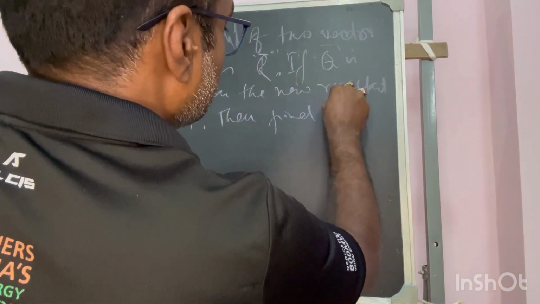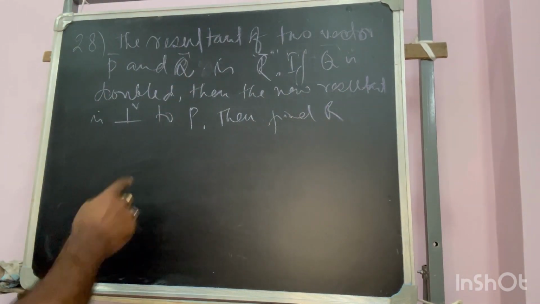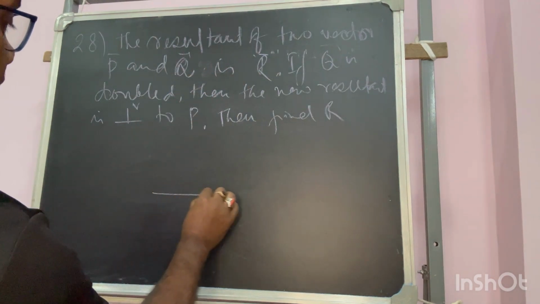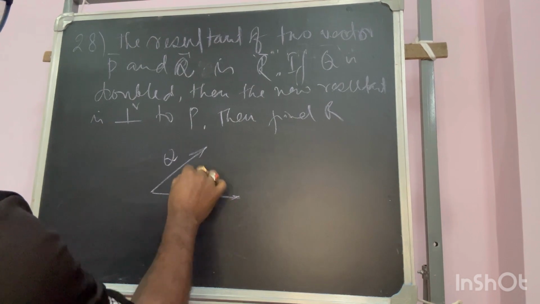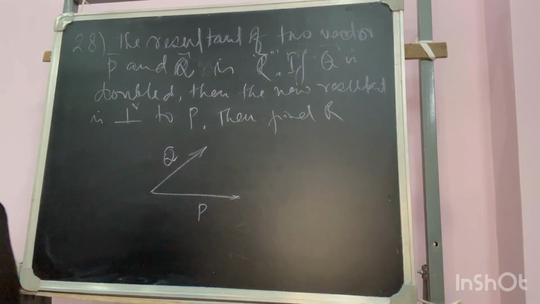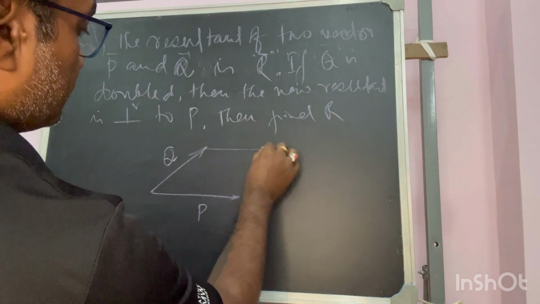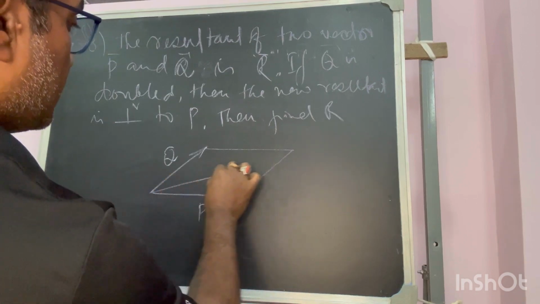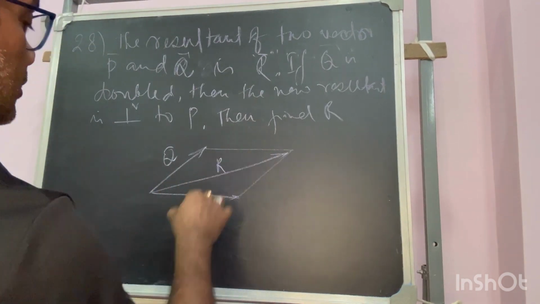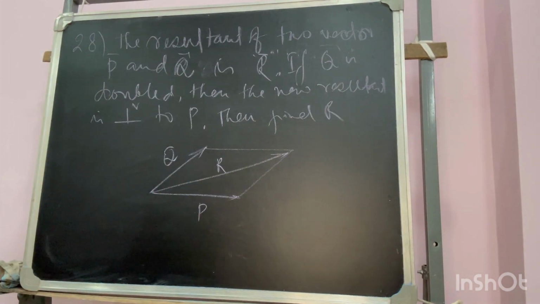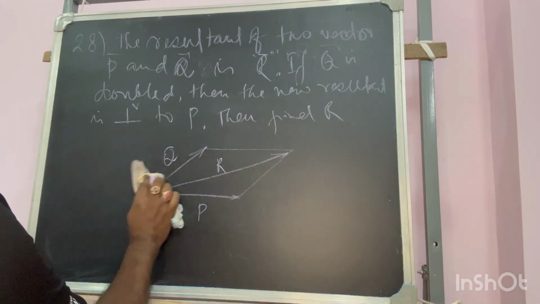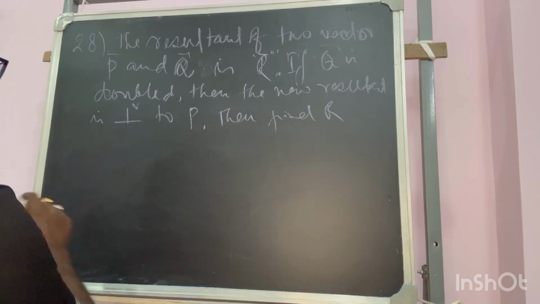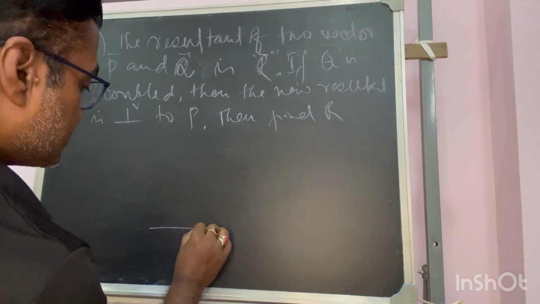Now the first condition is that the two vectors P and Q, if we say this is P, this is Q, are making a resultant R. So we have to complete the parallelogram, and this is the R. Now Q is doubled. Let me draw it somewhat below, so I have to get a space.